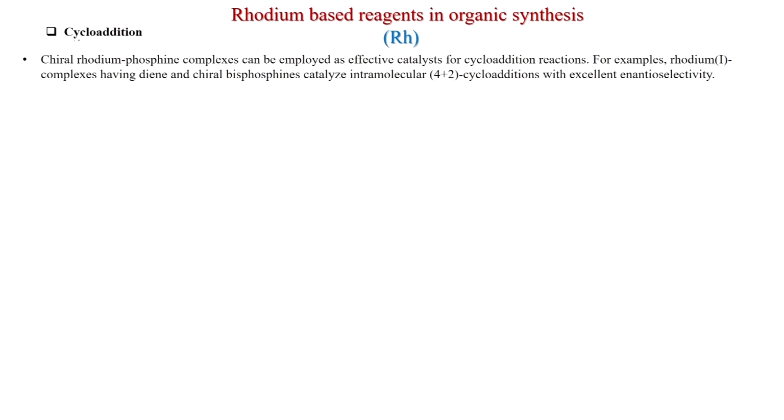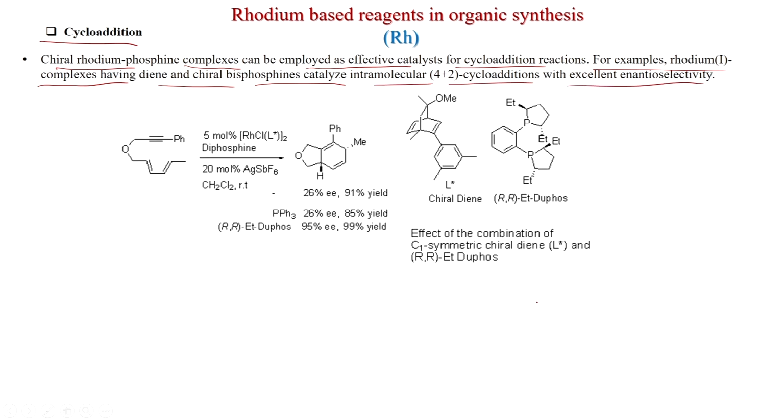Now, we will discuss cycloaddition reactions. Chiral rhodium phosphine complexes can be employed as efficient catalysts for cycloaddition reactions. For example, rhodium(I) complexes having diene and chiral biphosphines catalyze intramolecular 4+2 cycloadditions with excellent stereoselectivity.